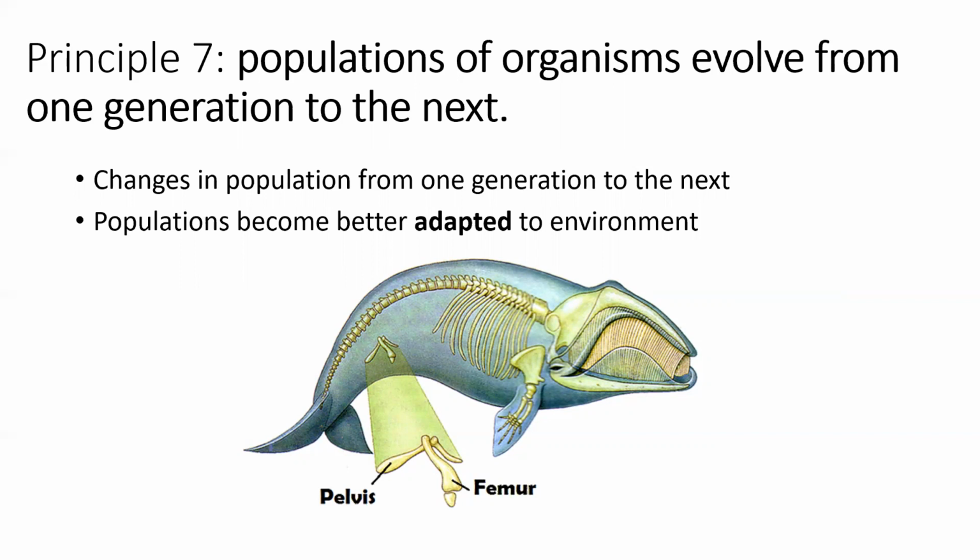For example, in a whale, you can see the vestigial remnants of the pelvis and the femur, which shows that they used to be land mammals before they made their way into the sea. So organisms have the ability to evolve. We have evolved, obviously, from our ancestors. We are now Homo sapiens sapiens, but we came from Homo erectus, Homo neanderthalis, and so on and so forth.